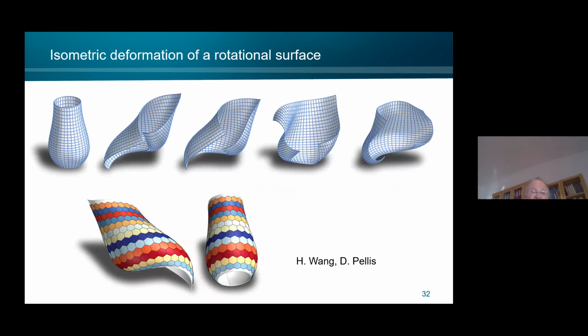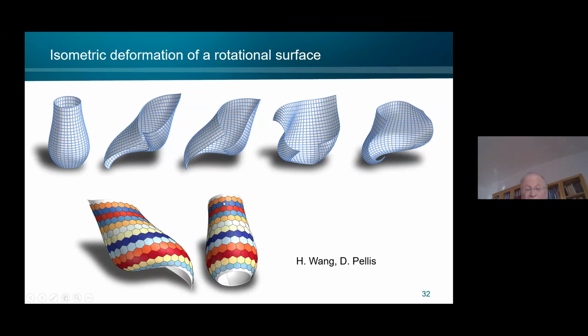Another example is here. We have a rotational surface. We cut it open along a profile curve and isometrically deform it. Please note that if we have a rotational surface, we can segment it, decompose it into panels, and along these rotational circles, we have congruent panels, right? This is by rotational symmetry.